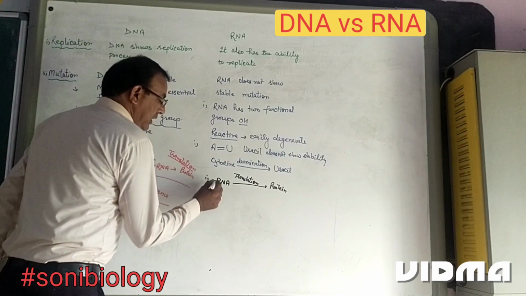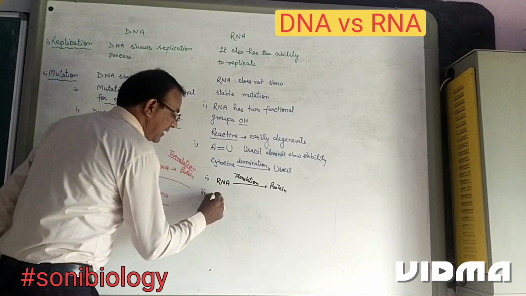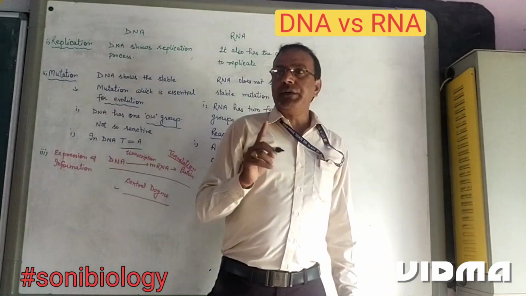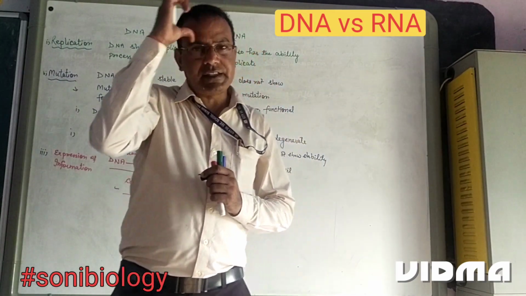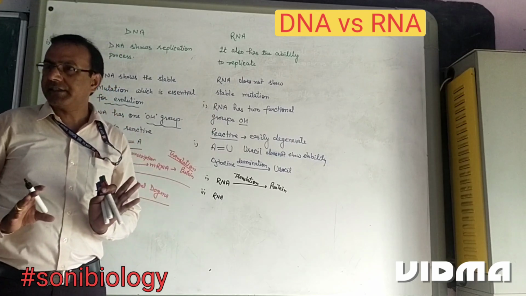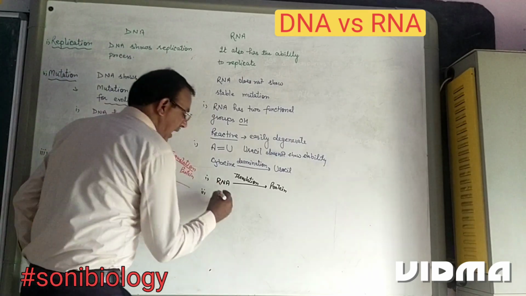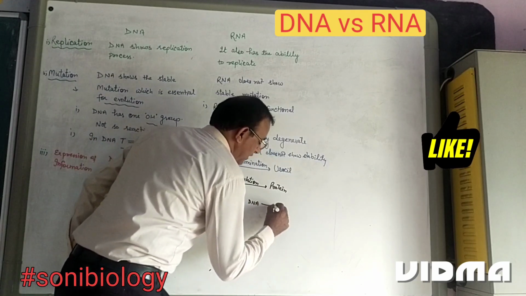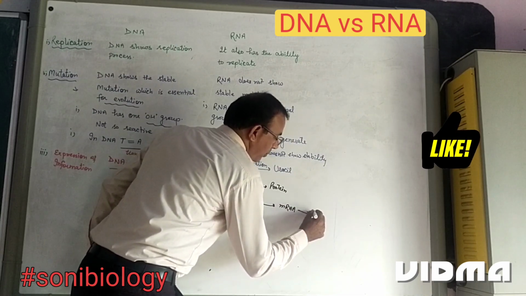Second one, if RNA is the genetic material, the cell which contains RNA as the genetic material is called a retrovirus or virus. If any virus contains RNA as the genetic material, this RNA changes into DNA, and DNA again changes into mRNA, and mRNA changes into protein.